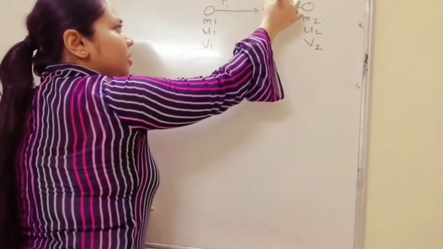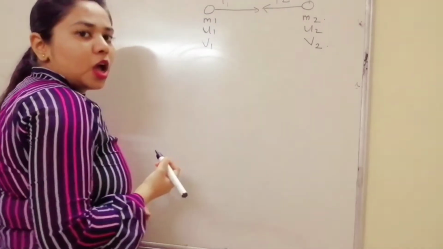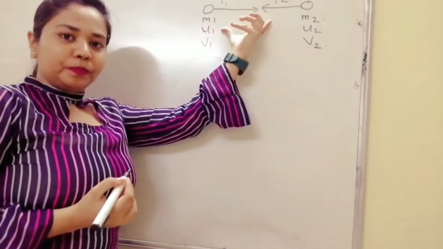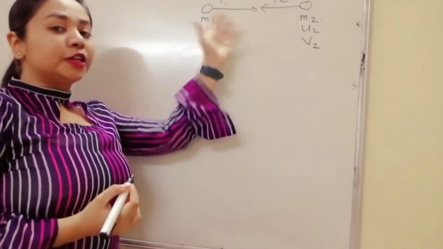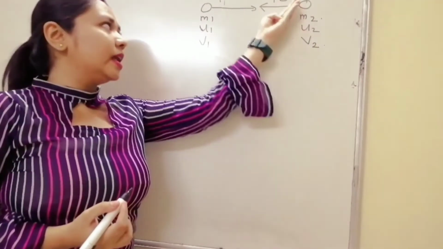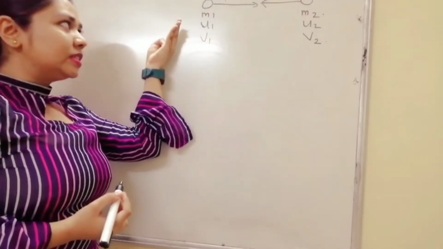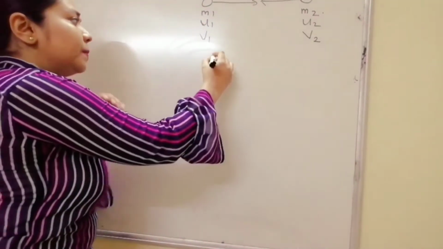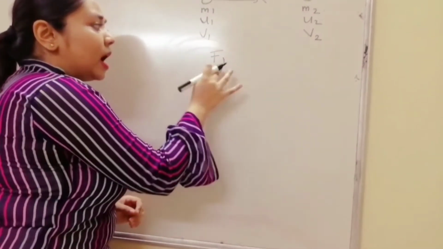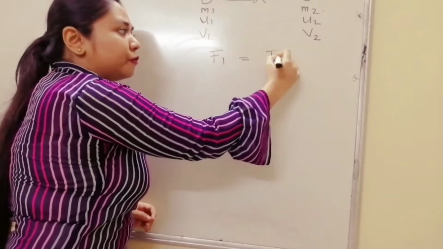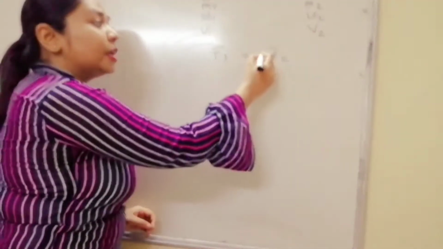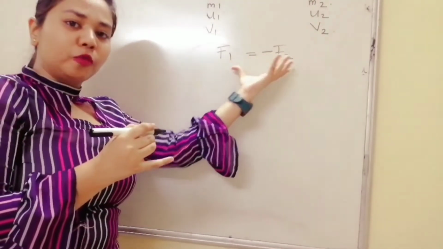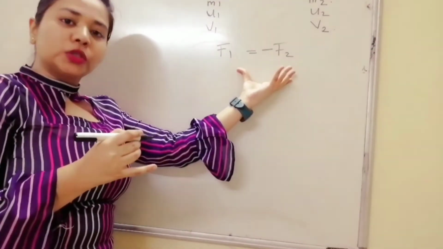So this is F1 and this is F2. The amount of force in both is the same, but the direction is different. F1 goes towards the right-hand side, and F2 towards the left-hand side. So F1 will be equal to F2, but the direction is opposite, therefore we put a negative sign to show the forces are in opposite directions.